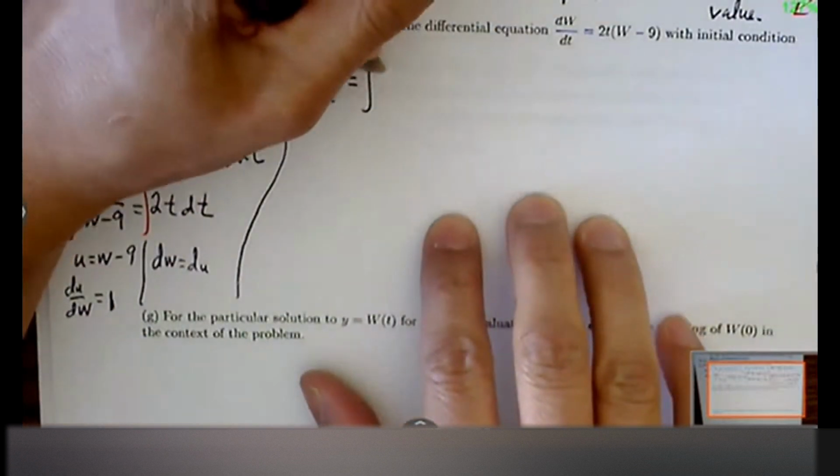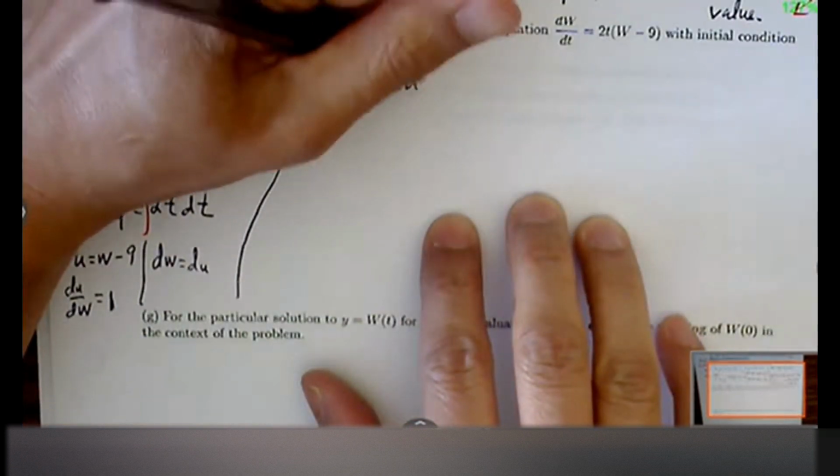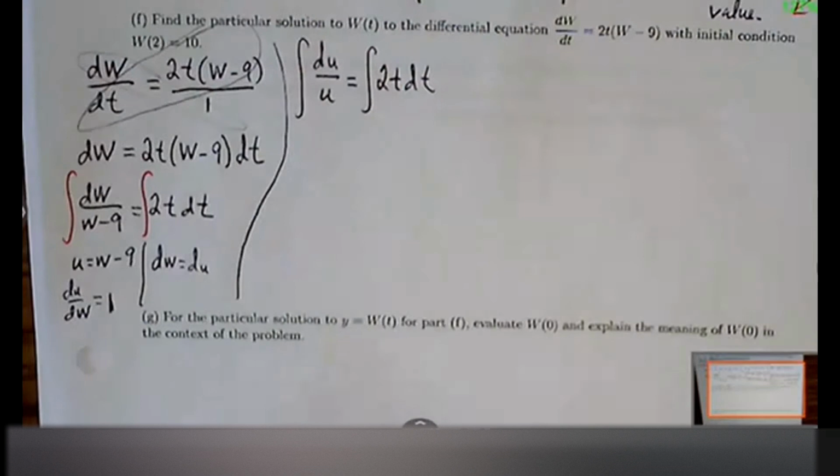Okay, setting up both sides here. Left side is natural log, right side is power rule.